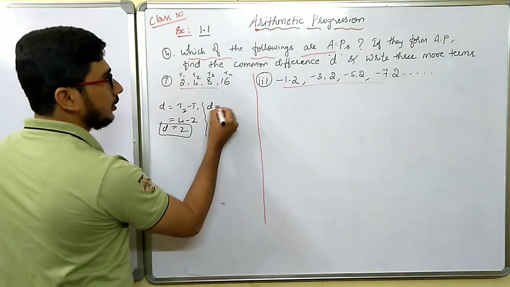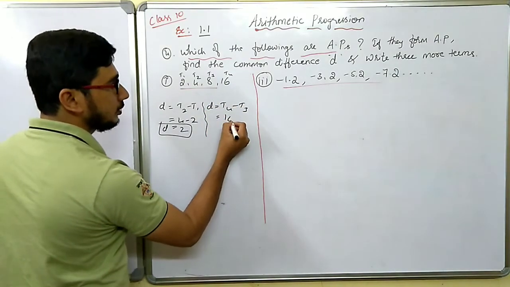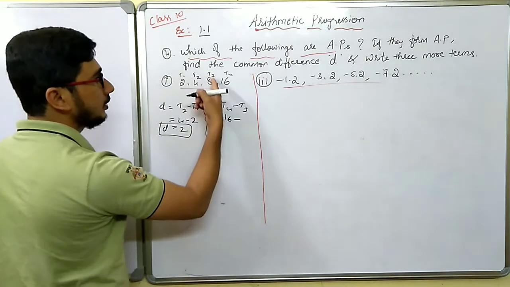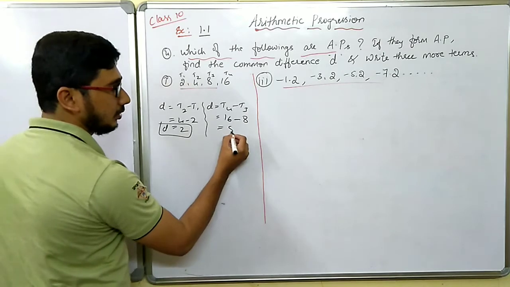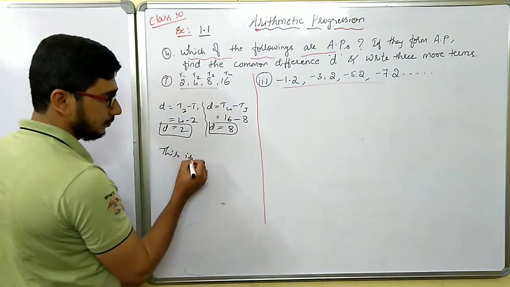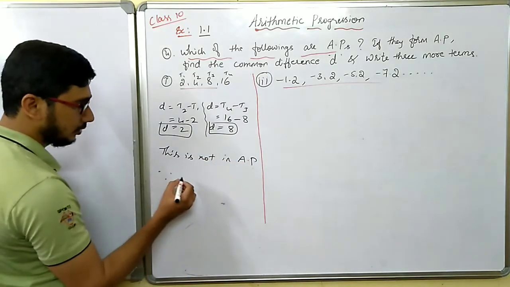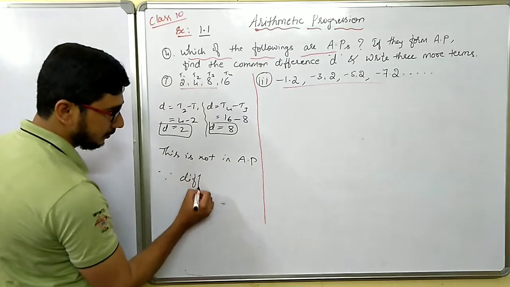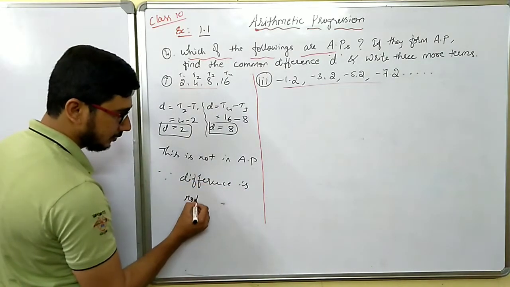T4 minus T3: T4 is 16, T3 is 8. 16 minus 8 is 8. So this is not in AP, because the difference is not the same.